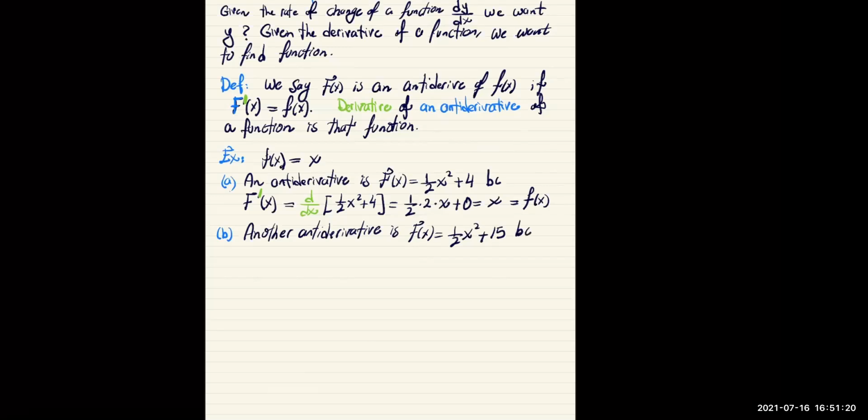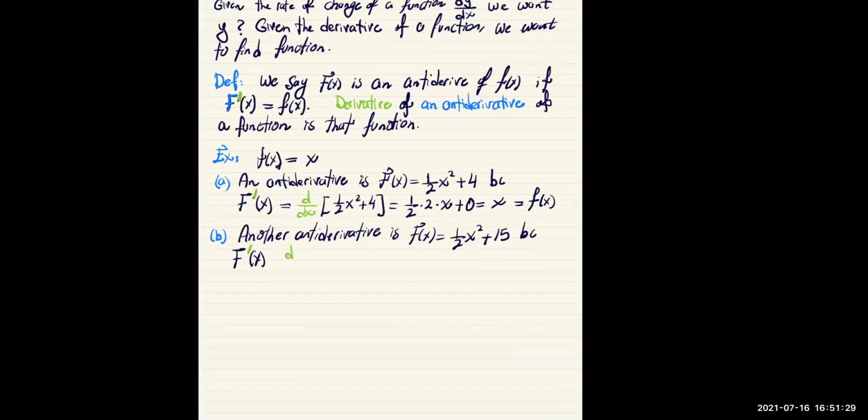Again, that's because if I take capital F and differentiate it, you get 1/2 times 2 times x, bringing the power down and subtracting 1, plus the derivative of 15, which is 0. Again I'm going to get, just like before, x back. I got f of x back. The derivative of capital F gives you little f. As long as that happens, you get an antiderivative.